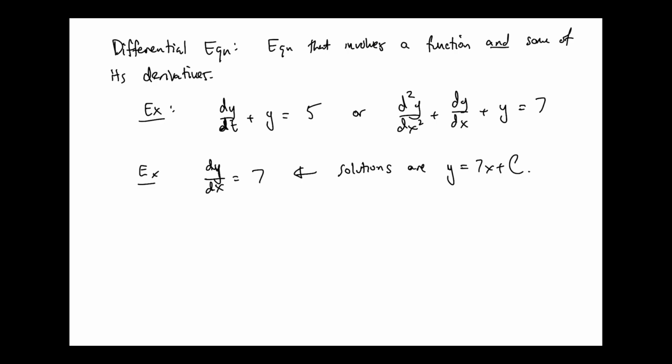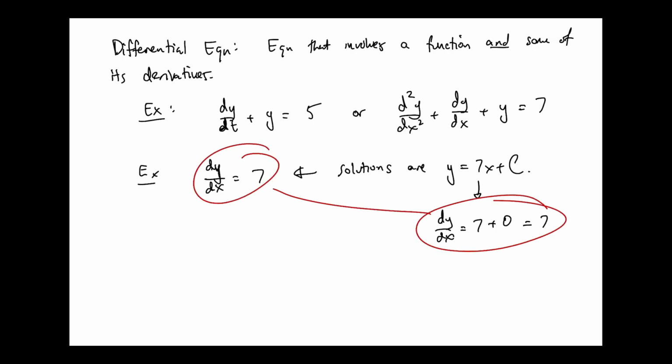Yeah, if we plug y and dy/dx back into the original equation, well, dy/dx would be 7 plus 0, which is 7, and that matches the original differential equation, so check. Okay, so it solves it.